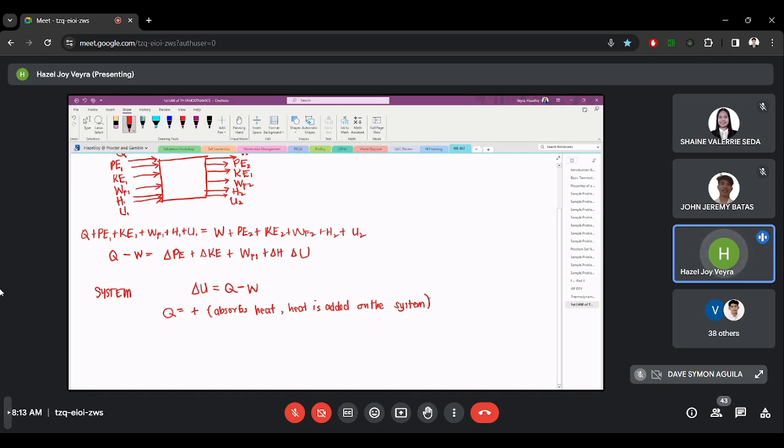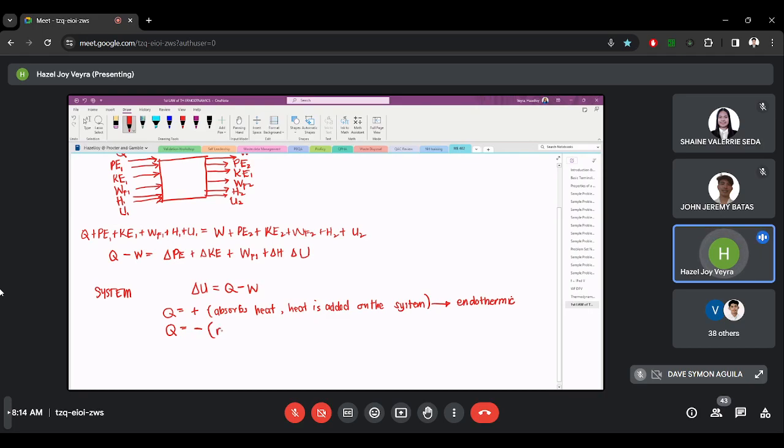When heat is added on the system, ano yung process na yun? This is endothermic. Now naman, if heat is being rejected from the system, the sign of the heat is now negative.